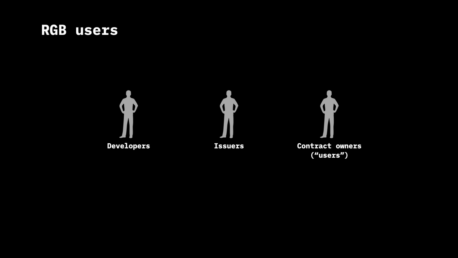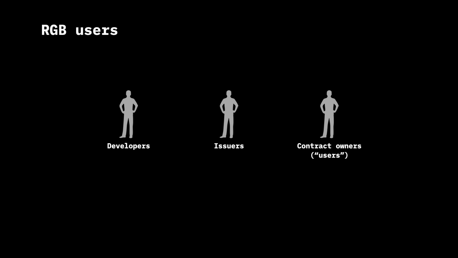So there are three main user roles in RGB. These roles are developers, issuers, and contract users, or contract owners, or contract state owners. You can name them differently. I will use just simple users. So developers, it's quite clear. They develop the stuff.